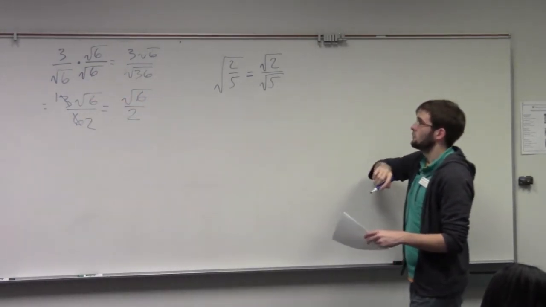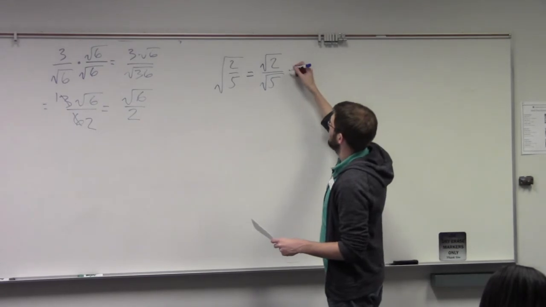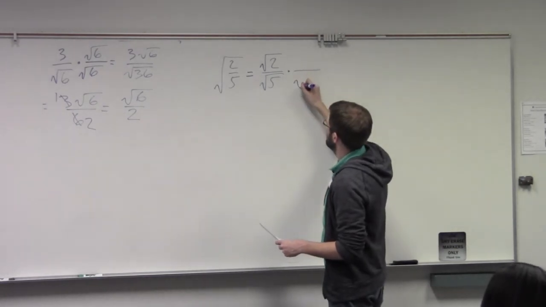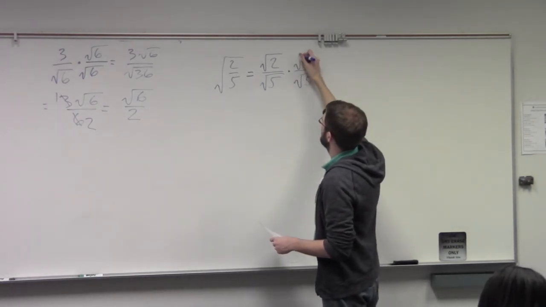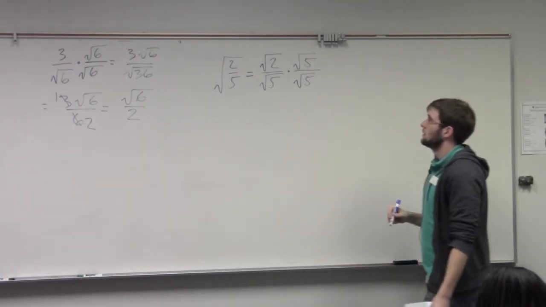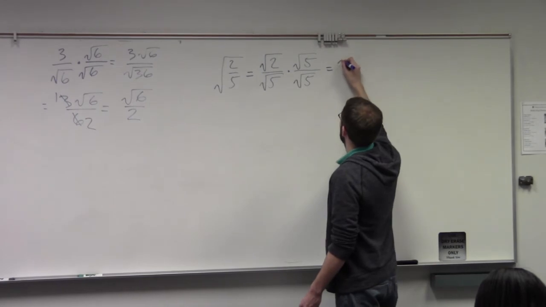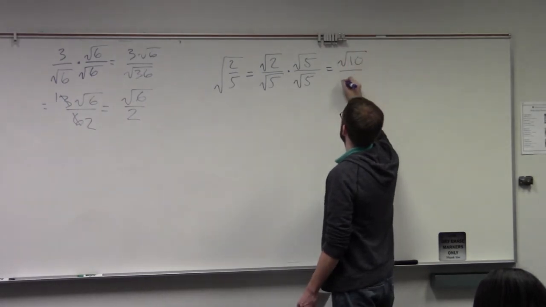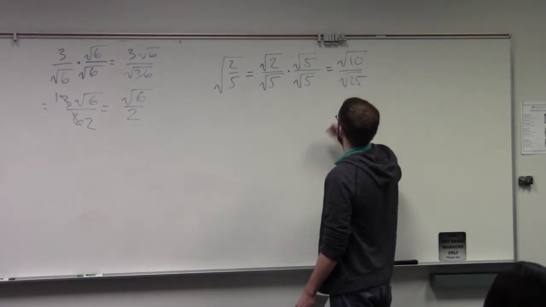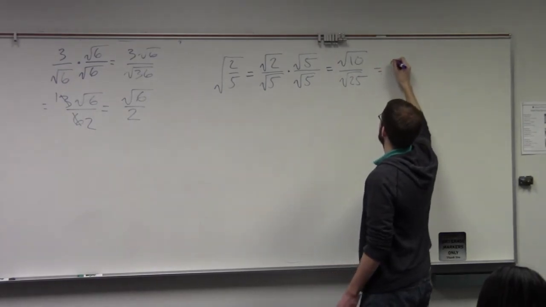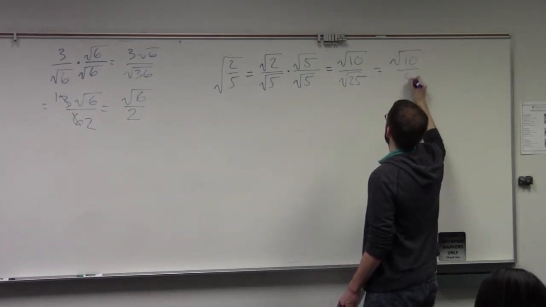So I want to make it a perfect square. So I'm going to multiply the top and bottom by the square root of 5. So I get the square root of 10 on top over the square root of 25. So the square root of 10 all over 5.